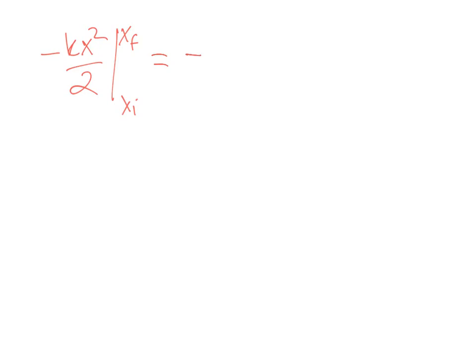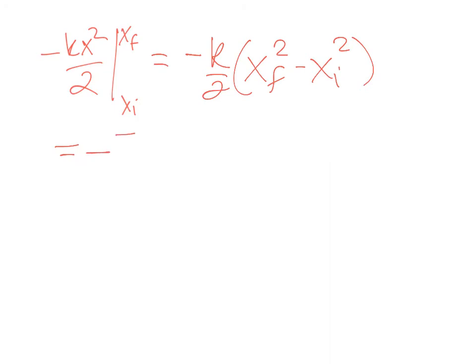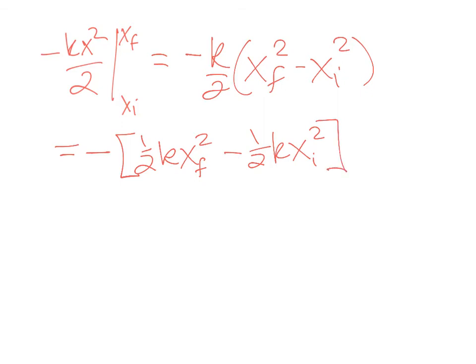So we have negative k over 2 times xf squared minus xi squared. So I'm going to write this as negative 1/2 k xf squared minus 1/2 k xi squared.